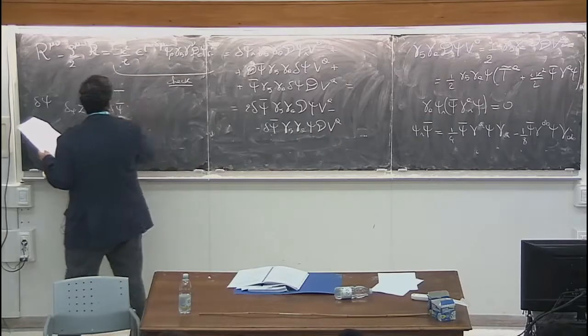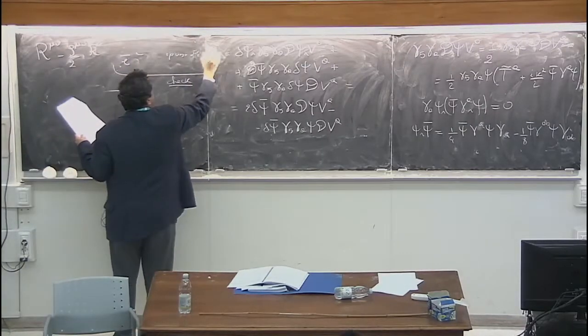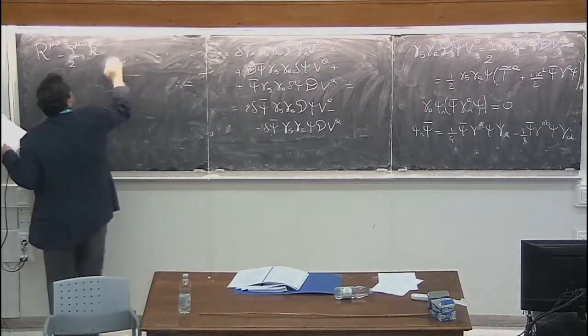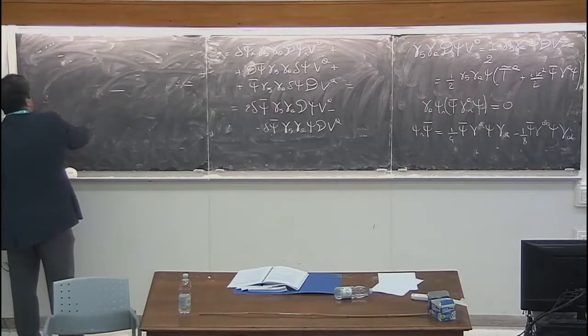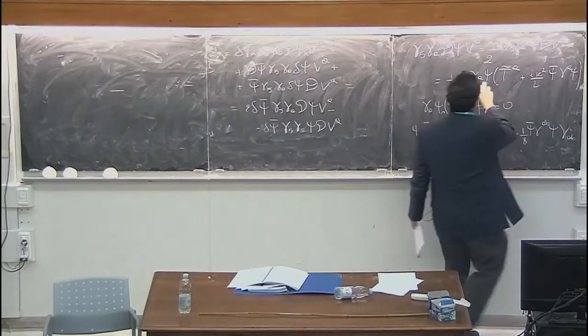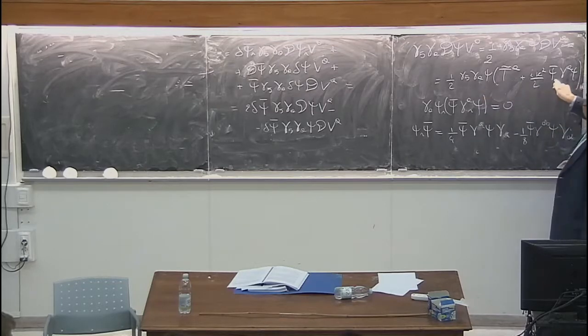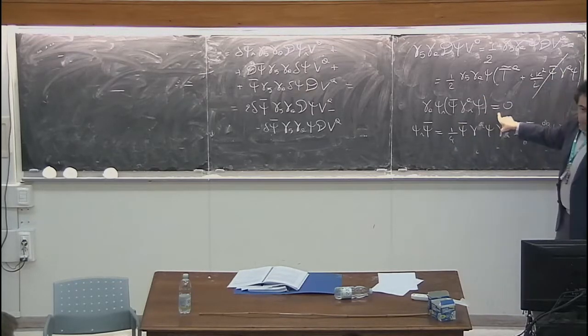Then if you use this Fierz identity, the last term cancels. You see, psi gamma a psi, psi bar gamma a psi, this is 0.